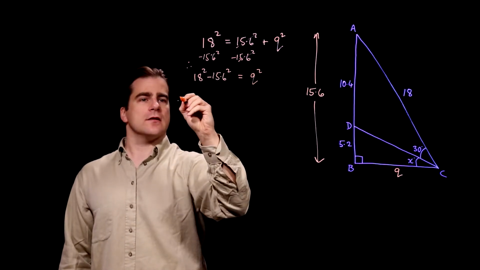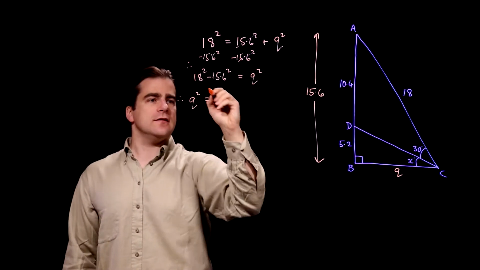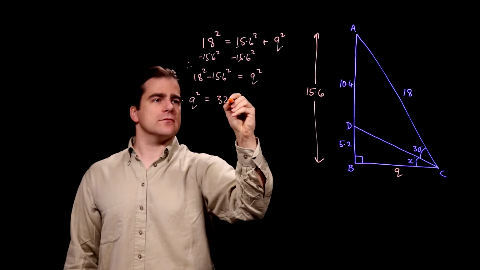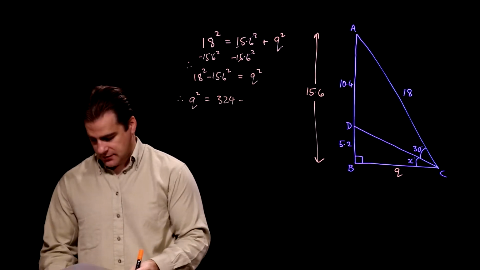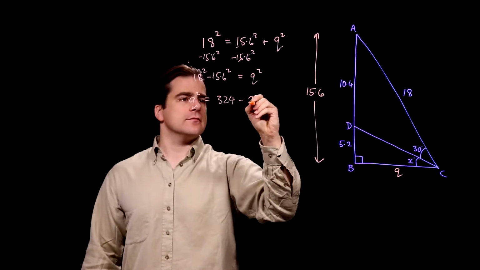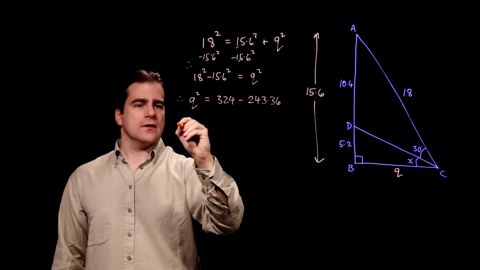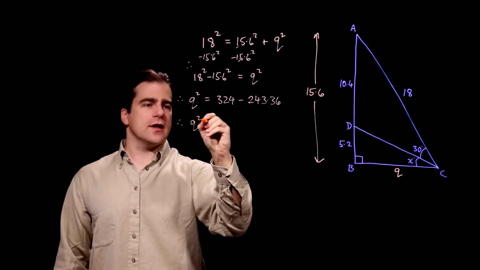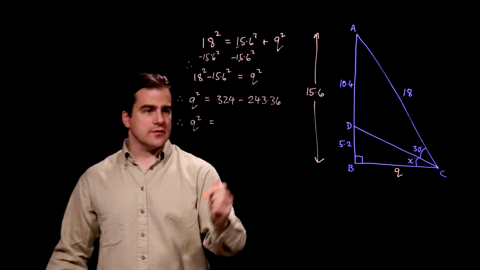Okay, therefore q squared equals 18 squared, which is 324, minus 15.6 squared, which is 243.36. Therefore, q squared is 80.64.